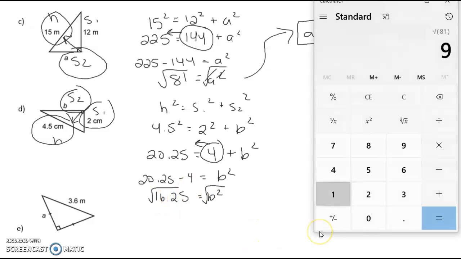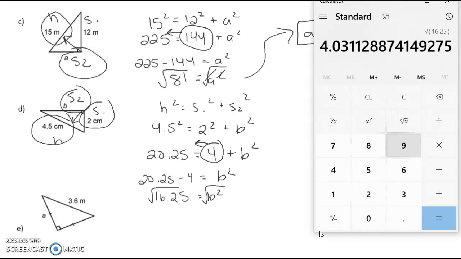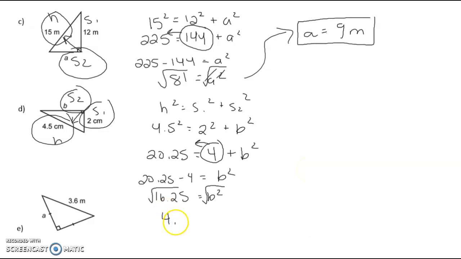The square root of 16.25 is 4.03. So 4.03 equals b. And because we are doing it in tenths, b equals 4. And we're dealing with centimeters.